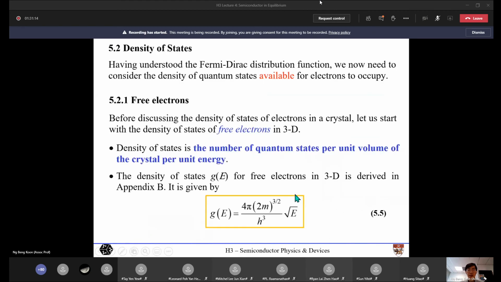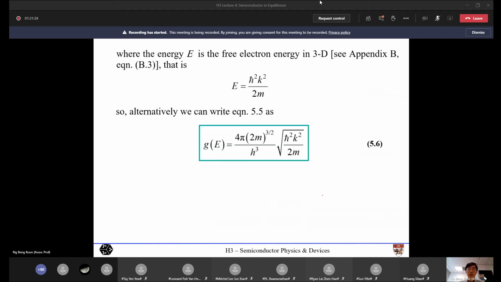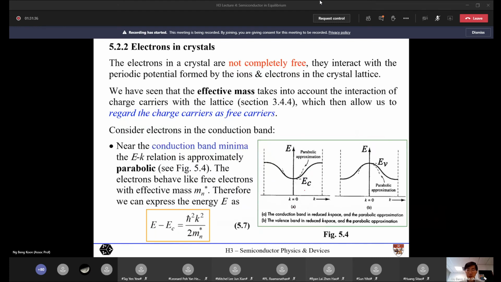In a classical free particle, if you look at the E-K relation, or energy against the momentum P, the minimum point is at the zero value. Whereas in this case, it's not at zero value, so we need to take that into account. We do that by shifting it down, so we do E minus EC, which is the one that has this parabolic relation.